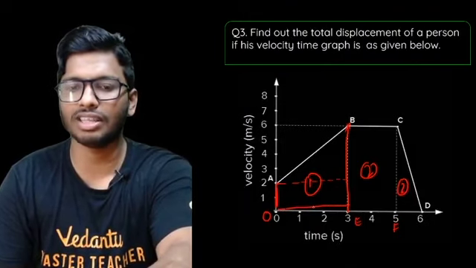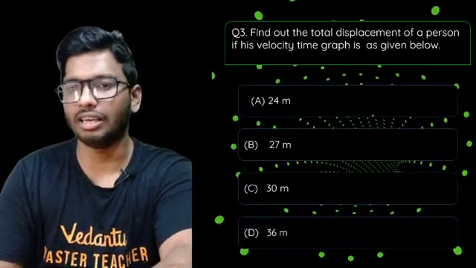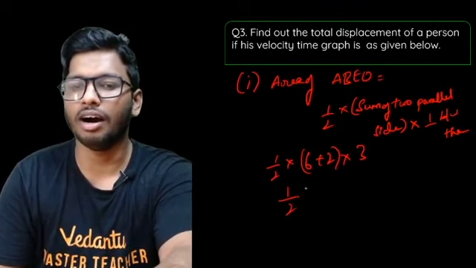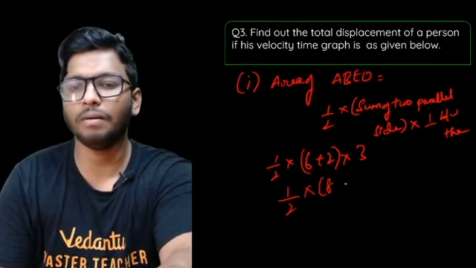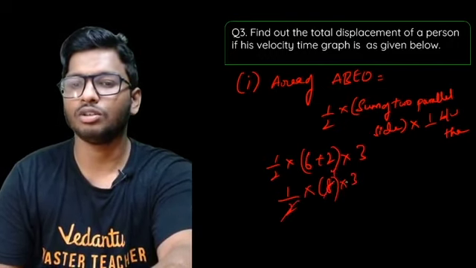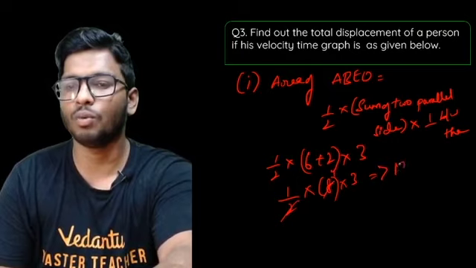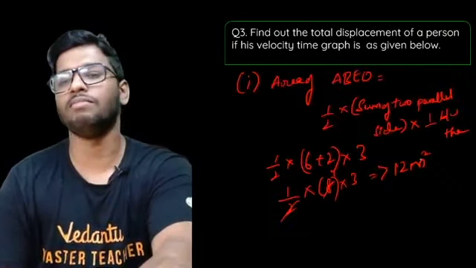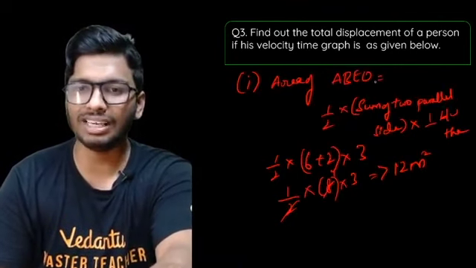How much is it? It is 3. So 1 by 2 into 8 into 3. So 2, 4, 8. So 4 into 3 is 12. So it'll get us 12 meter square, would be the area of ABEO.